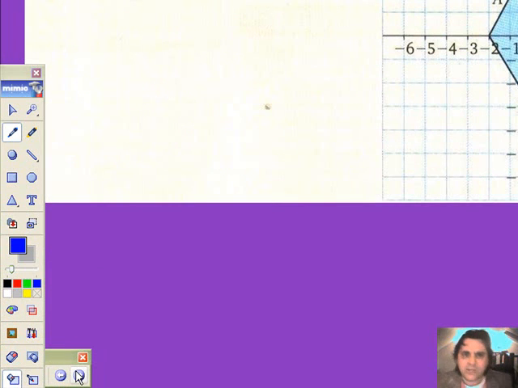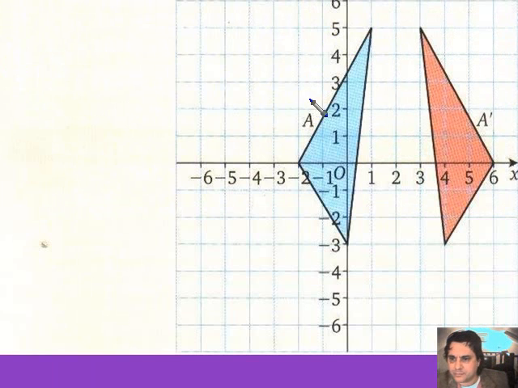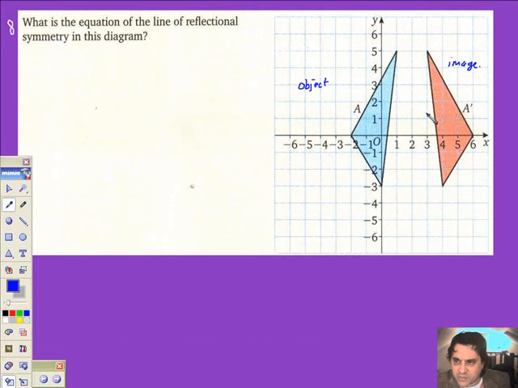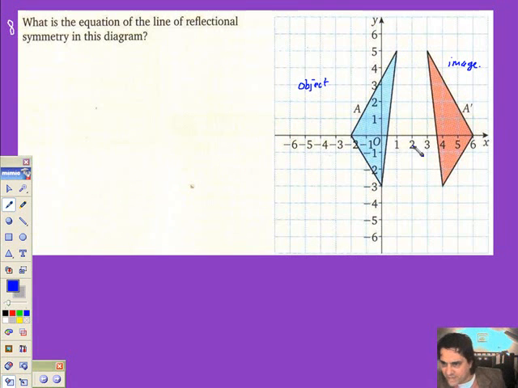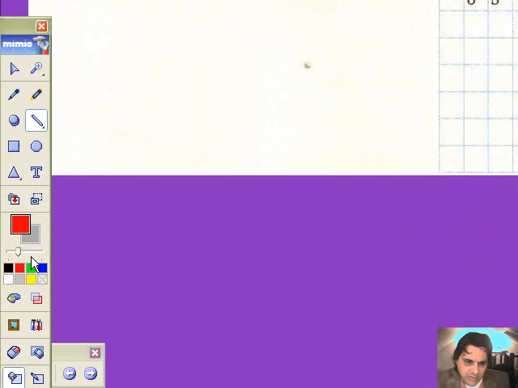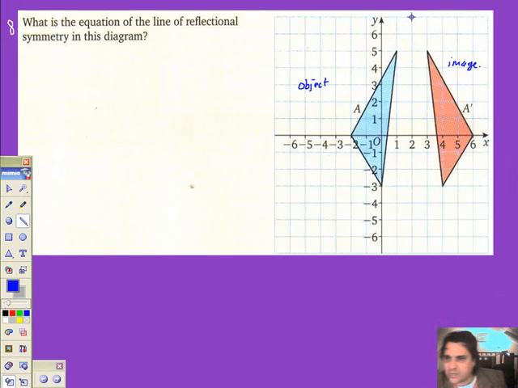Next question. What is the equation of the line of reflectional symmetry? In other words, the line of symmetry that maps A onto A dash. So this is the original object, this is the image. It's right down the middle there, and you may recall all the vertical lines are x equals something.